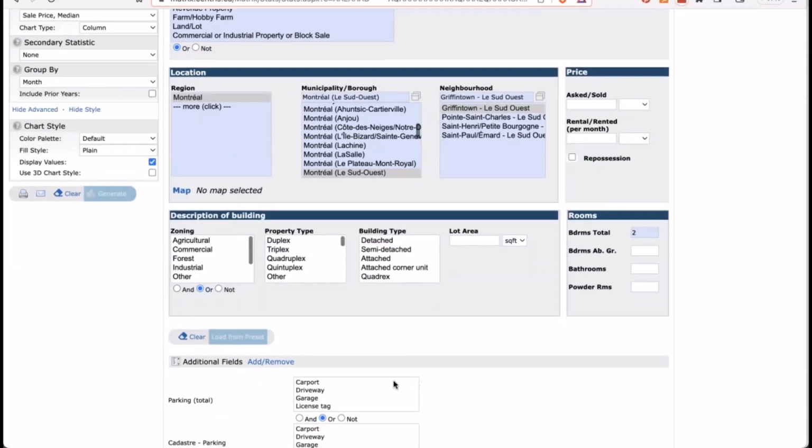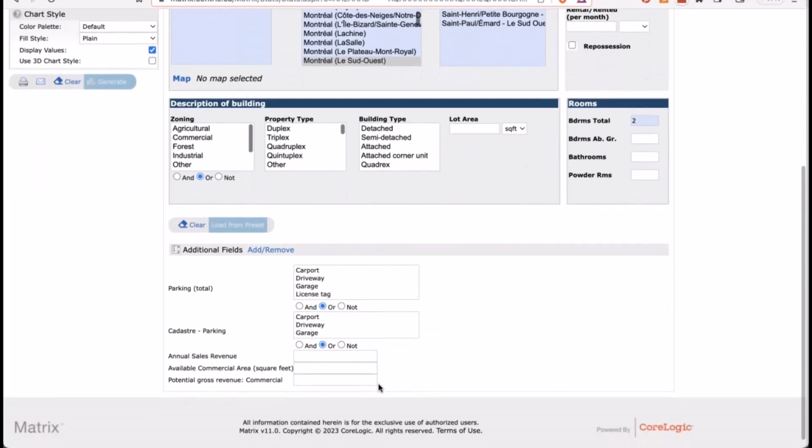If you need to add additional fields, so you want to compare if they have parking lots, you can say, I want to compare all the ones that have the sale prices for the ones with garages or with a driveway.